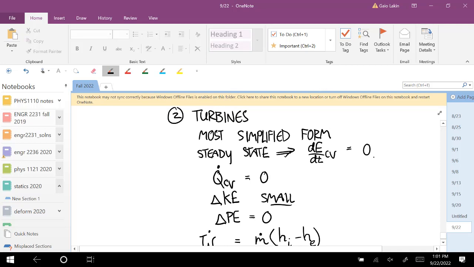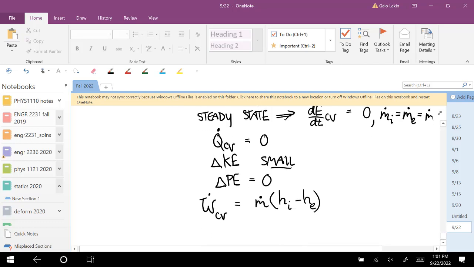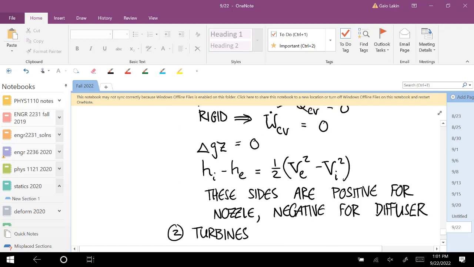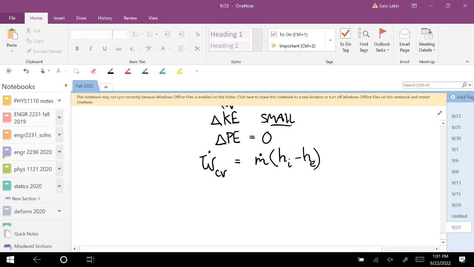It also says that mi dot is equal to me dot, and we'll just call that m dot. And then the third category is compressors and pumps.